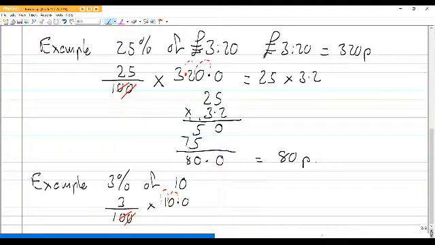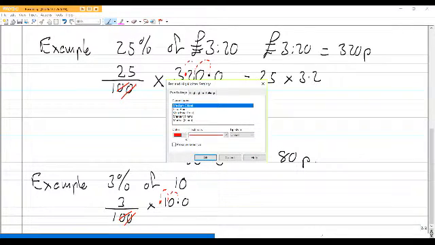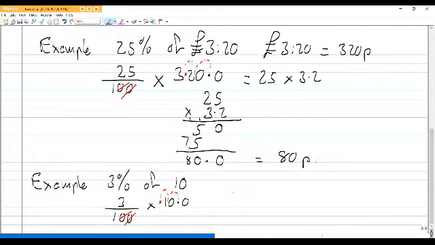Always to the left when you're dividing. Okay, so now then we've got this. Go back to blank. 3 times 0.1. Well, there's no number in front of my point, so just write the 0 in to be sure. Okay, so it's 3 times 0.1, and that of course is 0.3. So 3% of 10 is 0.3.